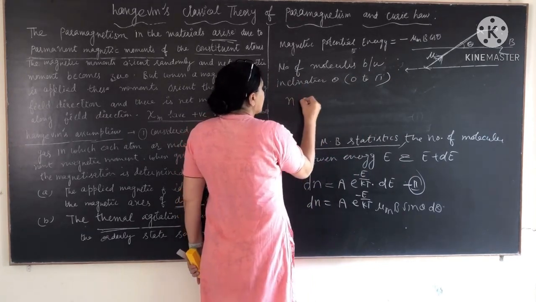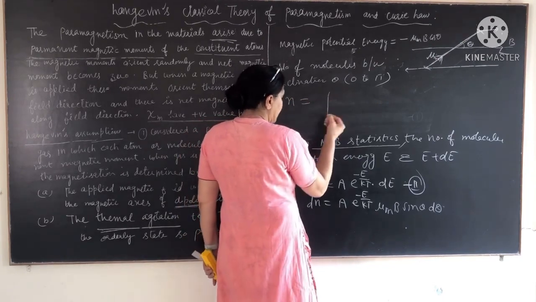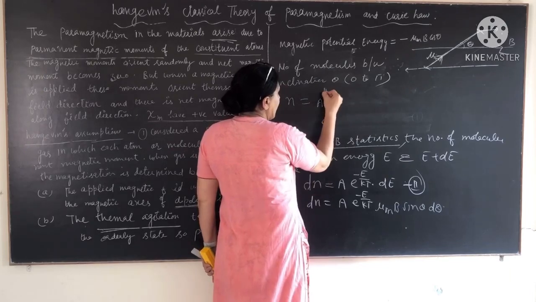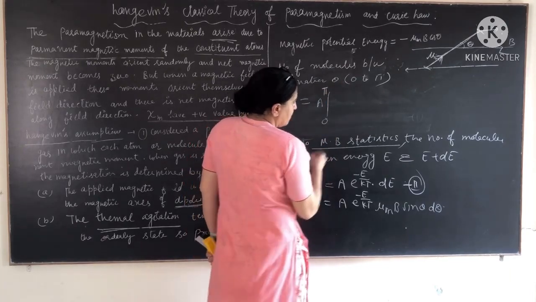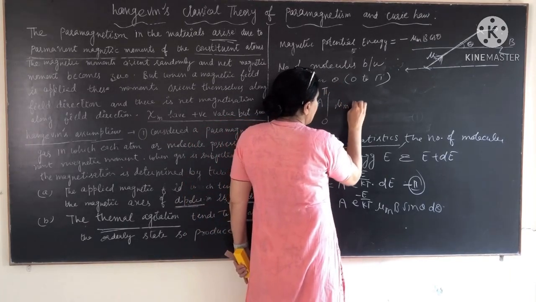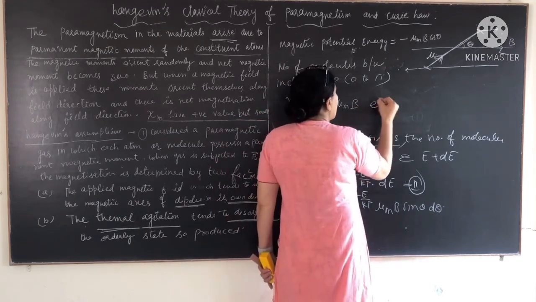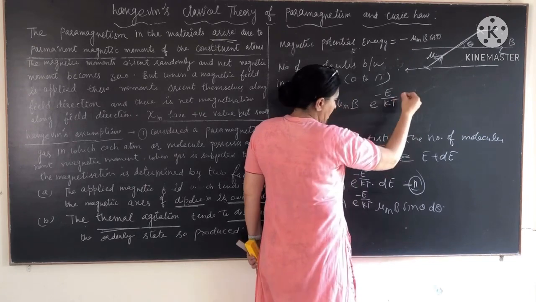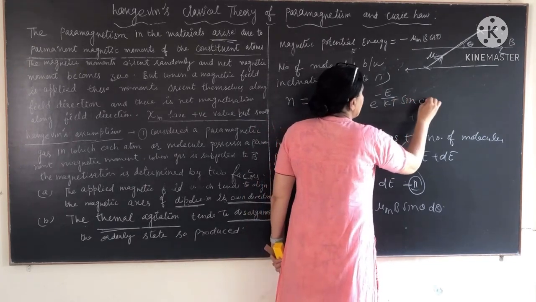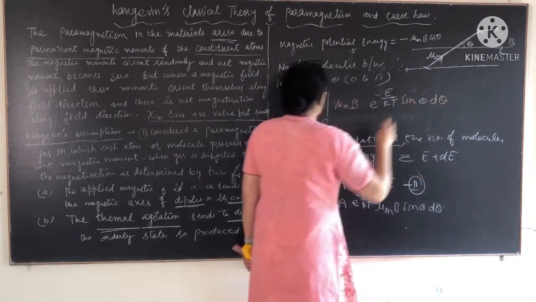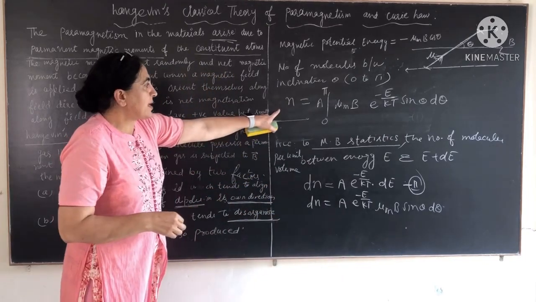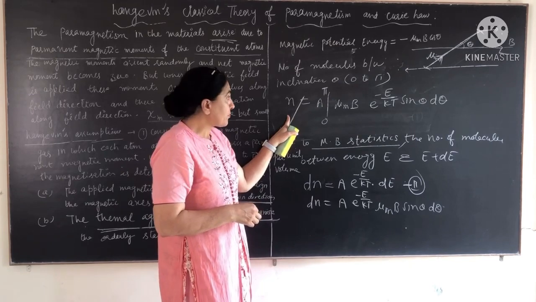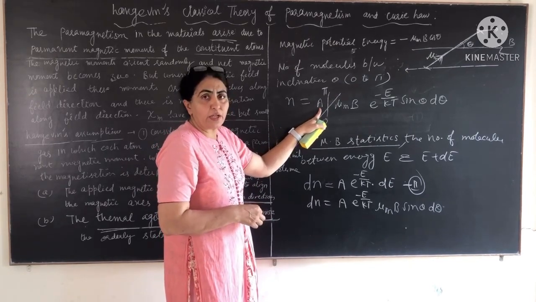So n is equal to A, a constant we take outside, integral from 0 to pi of mu m b e raised to power minus E over kT sin theta d theta. So this is n.